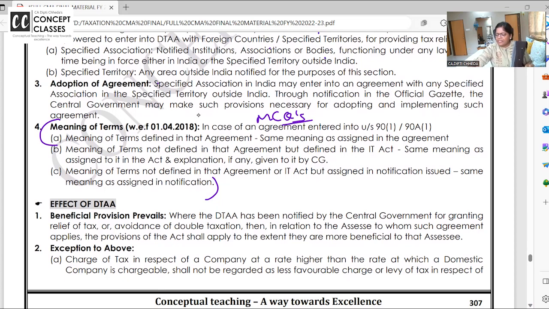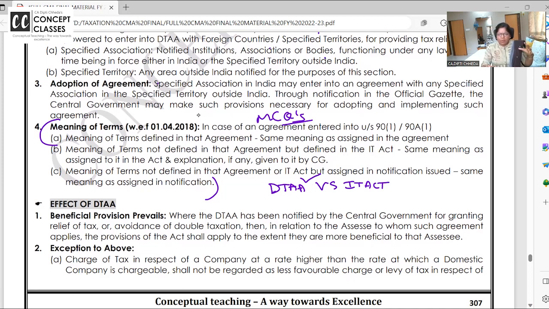Ma'am, if DTA is saying something else and the Income Tax Act is saying something else, which will prevail? DTA.